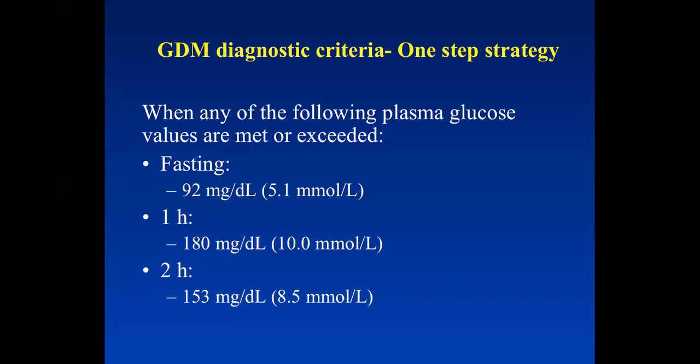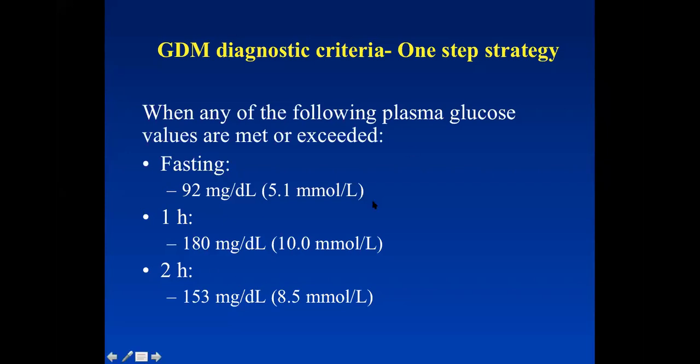You dissolve 75 gram anhydrous glucose in around 300 milliliters of water and ask them to drink that within 5 minutes. Before that, we take a fasting blood glucose, and then after the glucose load, we measure glucose levels at 1 hour and 2 hours. So we measure 3 glucose levels: fasting, 1 hour after the glucose load, and 2 hours after the glucose load.